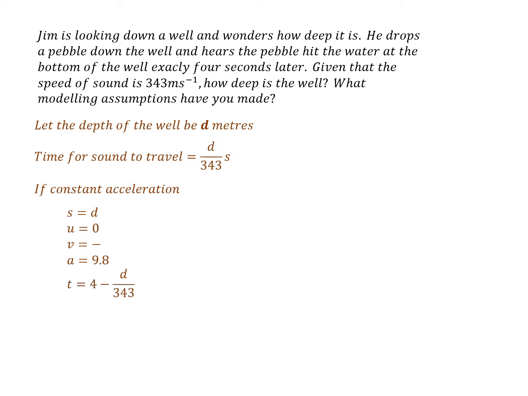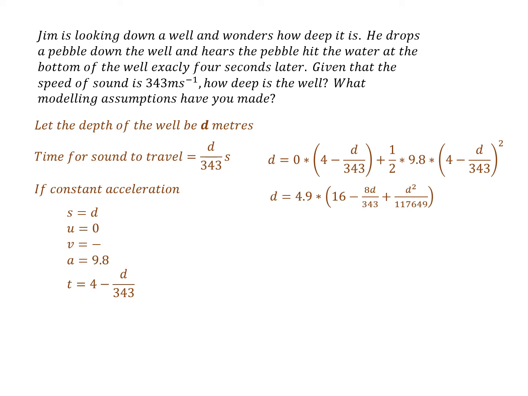So those are the values for the SUVAT equation. Now I'm going to put those into the equation s equals ut plus half at squared. So that's what the equation now looks like. This is 0. A half of 9.8 is 4.9, and then I can multiply these brackets out.